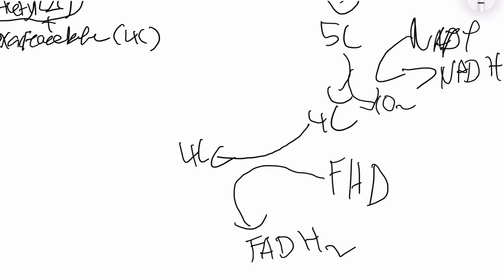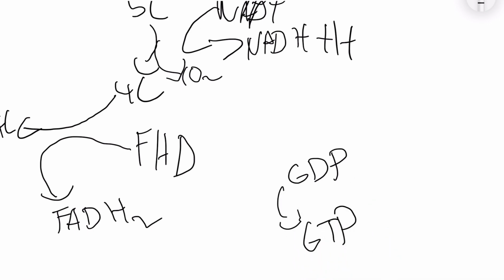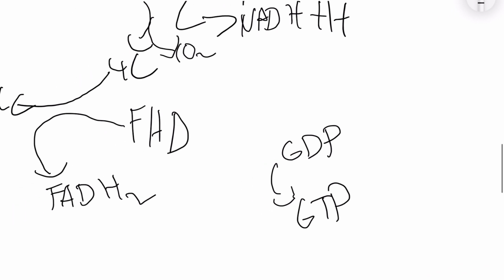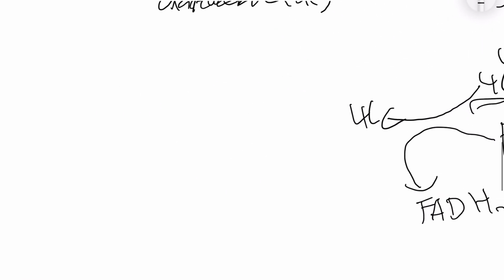And in addition to that, we have a molecule called GDP, which becomes GTP. And this GTP can be made into ATP somewhere else. That happens there as well.